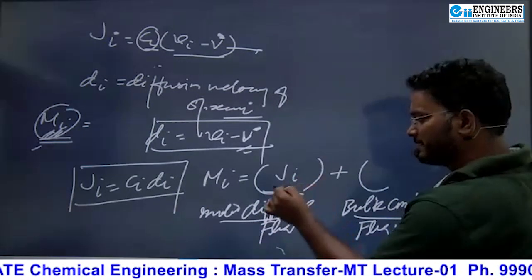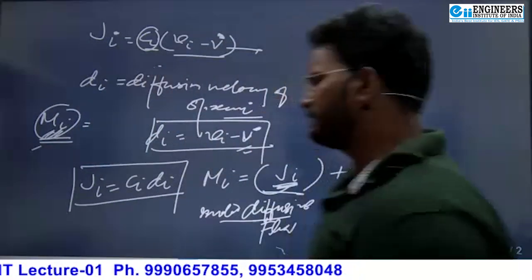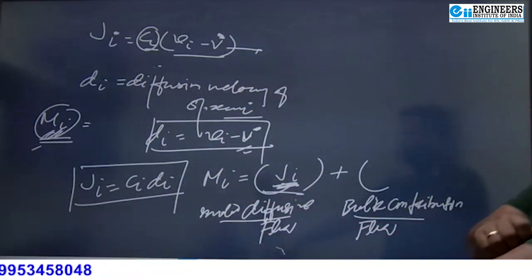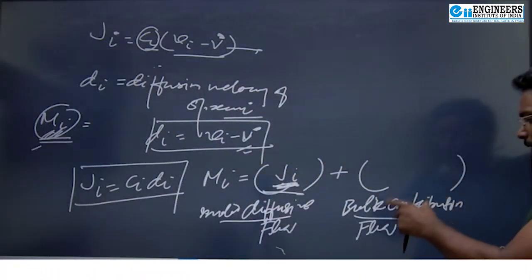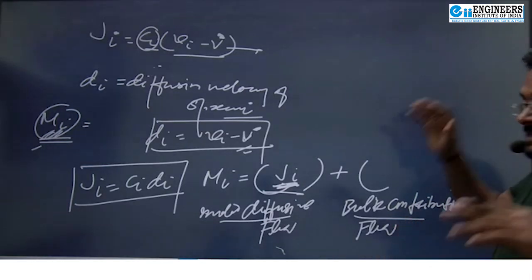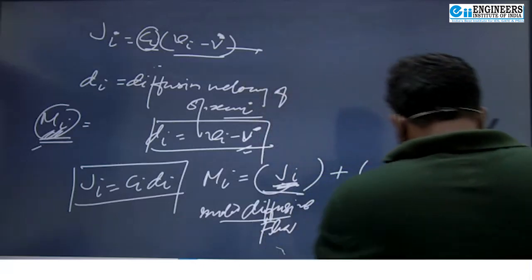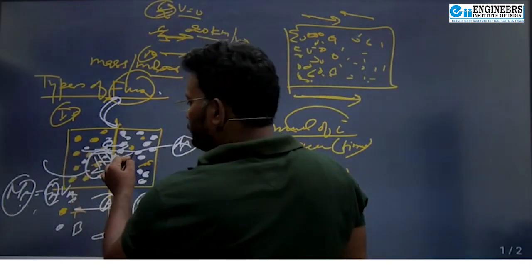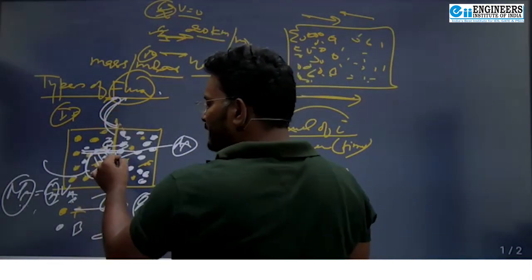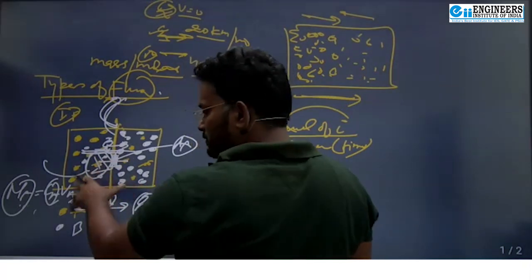Yes or no? This is Ji. How can you find the bulk contribution? Bulk means when the bulk is moving. Bulk means A and B both are moving. Here in this example, if you remove the partition, then A is moving and B is also moving.